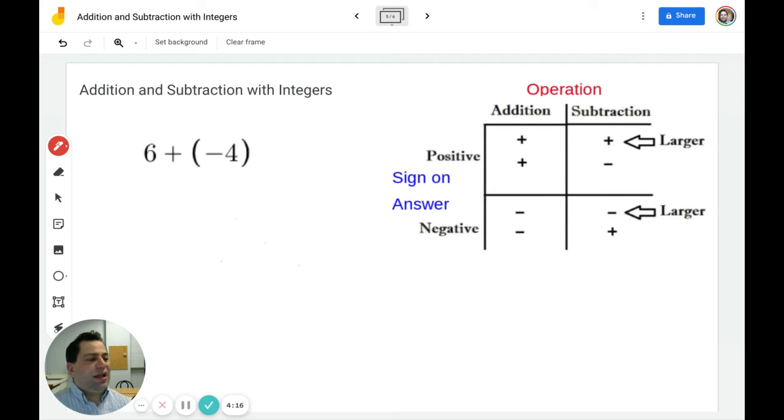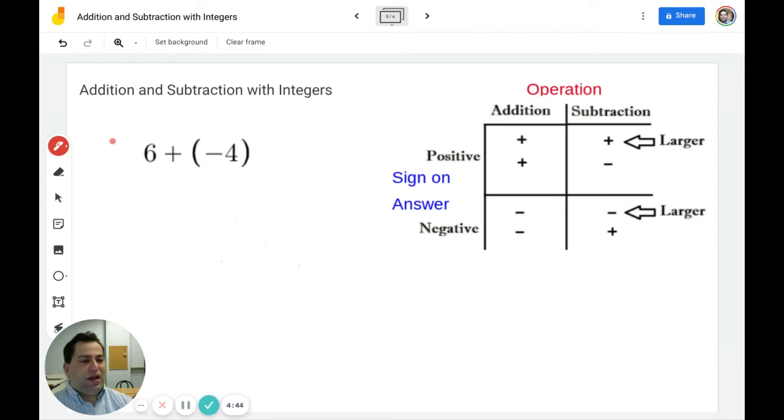In this next example, I have 6 plus negative 4. The operation on 4 is a double operation. We have plus, negative, right? Well, when I have opposite signs or an odd number of negative signs, the integer will be negative.